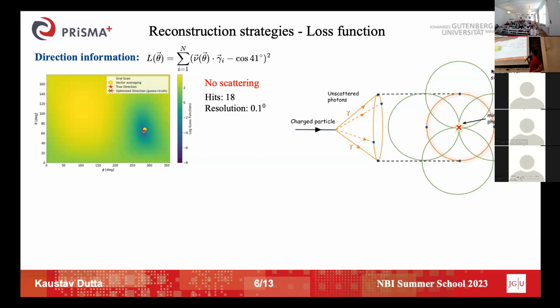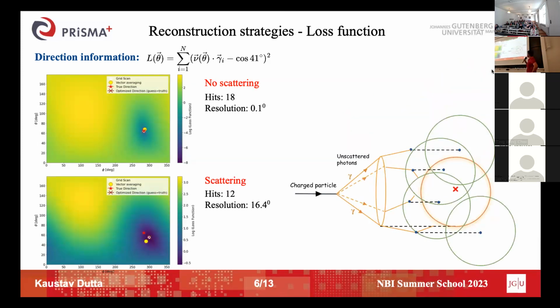So we have a very well-defined minimum, as you can see in the light landscape to the left. But the situation becomes a bit complicated when we have scattering, because the photons deviate off the Cherenkov cone, and then you have circles which overlap in all possible ways. In the light-colored landscape now, the dark region diffuses out, and the minimizer gets lost in one of the local minima.